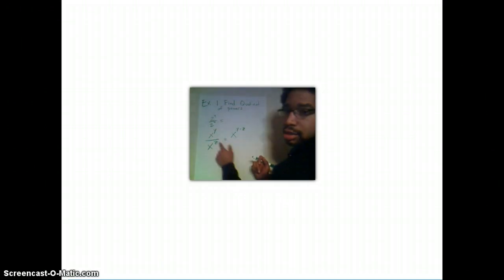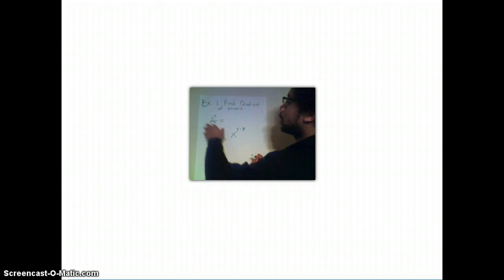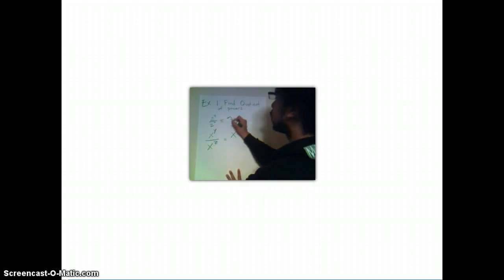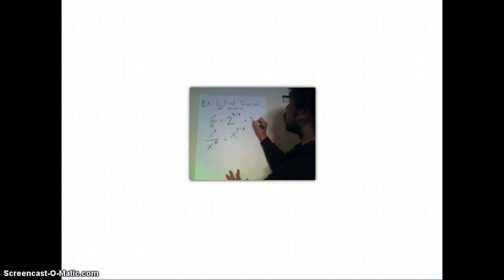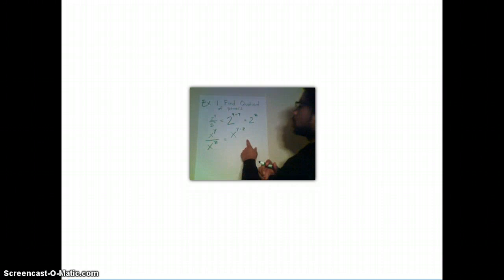So I want to take the same idea and turn my same base, which would be 2, and then what am I going to do with that 9? It's going to be 9 minus 7. Doing the math, I get 2 to the 2nd power, and then I'm just going to evaluate 2 to the 2nd power, which is 2 times 2, which gives me 4. And that's my final answer of 4.